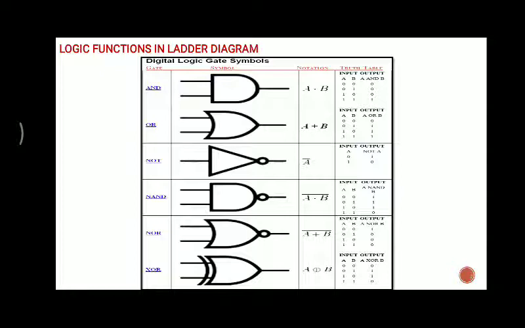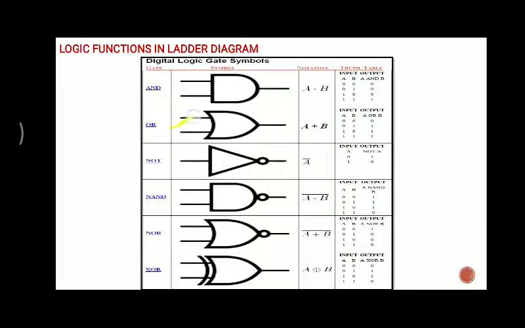This is the notation, A into B. Whatever truth table we get is the combination of input A and input B. If input A is 0 and input B is 1, you will get 0. You get output 1 only if input A is 1 and input B is 1, 1 into 1 gives output 1. Like this, these notations work, and you can apply this to the remaining gates.